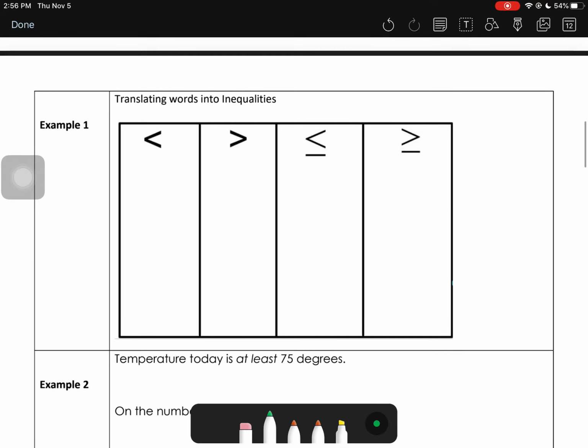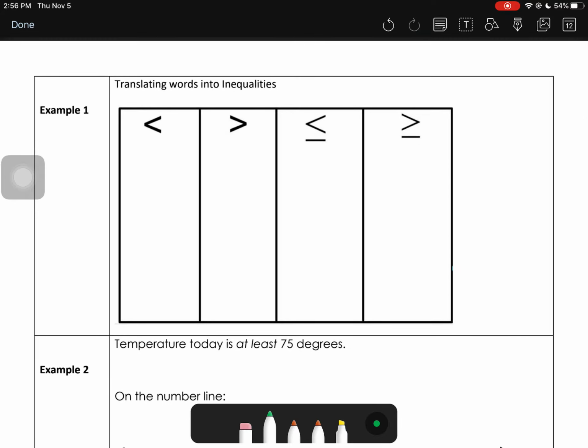Now when we look at this particular example, number 1, we want to translate these words into inequalities. So this could be less than, this could be greater than, less than or equal to, greater than or equal to.